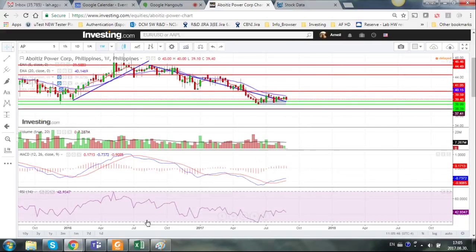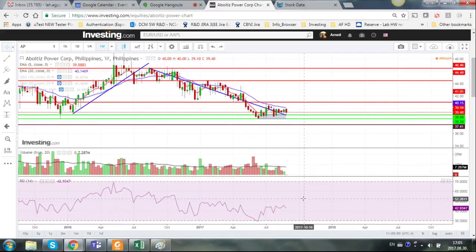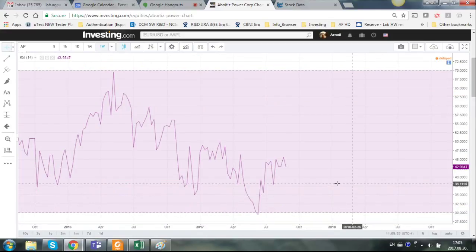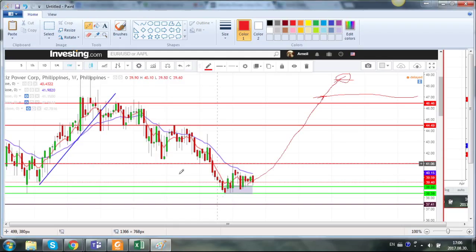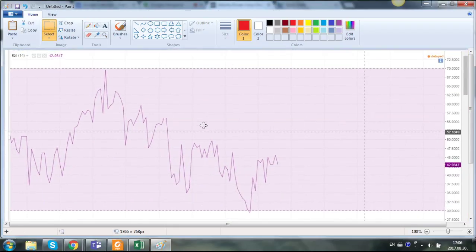So yan. Okay, ngayon i-remove muna natin yung MACD para focus tayo sa RSI. So RSI, mayroon siyang two important lines: yung oversold level at yung overbought level.